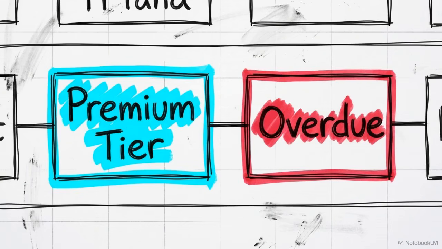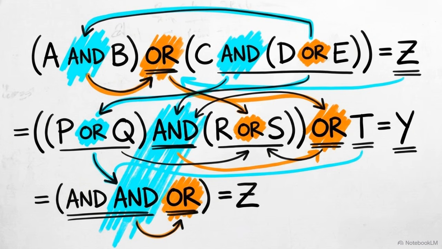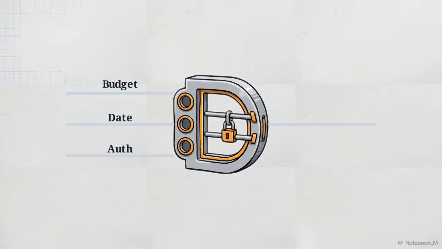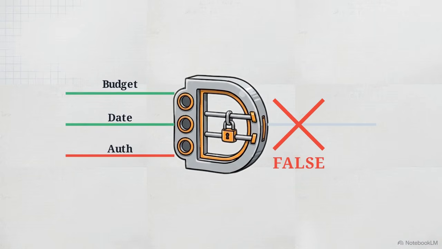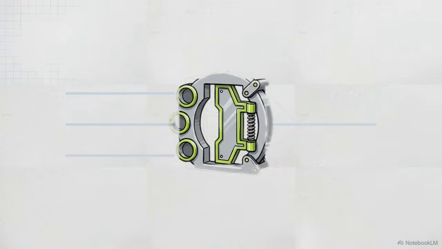Sequential evaluation solves for tiered outcomes, but models often require checking multiple distinct variables at the exact same decision node. Analysts handle this by integrating Boolean algebra directly inside the logical test, specifically using the AND and OR functions. The AND function enforces strict inclusivity. Every argument within the AND block must evaluate to true. If a transaction meets budget and date requirements but fails authorization, the entire test fails.